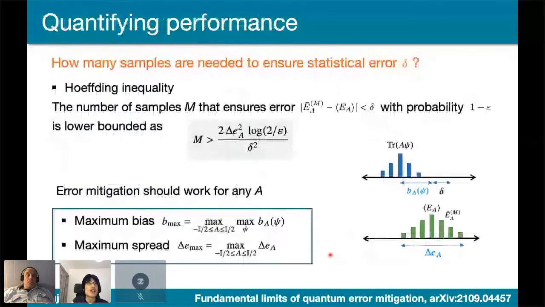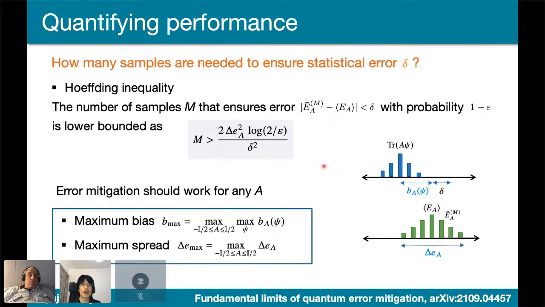And the question we're asking now is how many samples are needed to ensure the statistical error delta, and how can we phrase this and connect this to the property of the error mitigation protocol, encompassed in the QK error mitigation. So now you can bring up the estimation theory and use this Hoeffding inequality, which says that the number of samples large M that ensures the statistical error within delta with probability 1 minus epsilon is lower bounded in the following way.